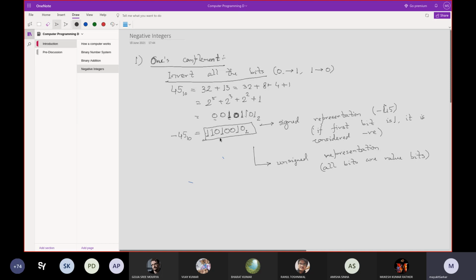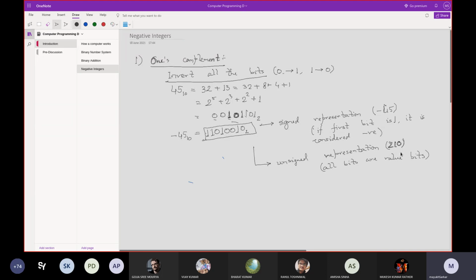So if you take the same bit pattern that the computer has returned you, the computer does not know what this bit pattern means. It is only us as the user or programmer who know how we will treat it. If we treat this bit pattern as an unsigned number, this will become 210.